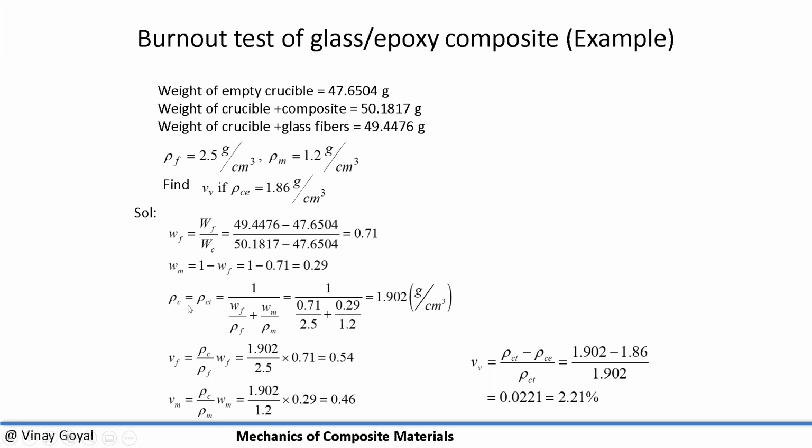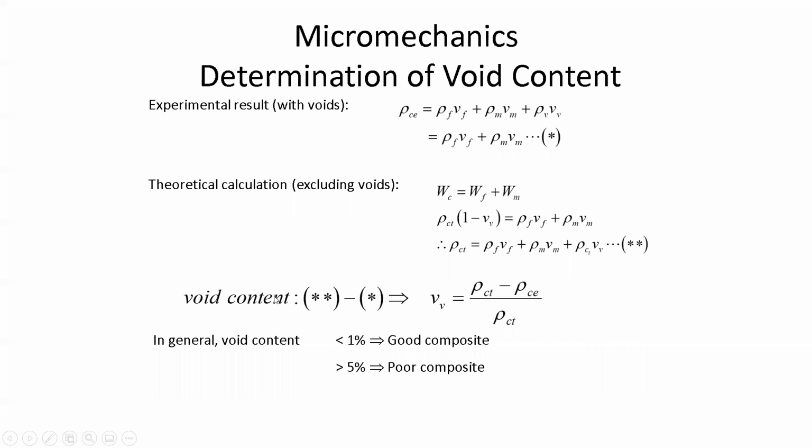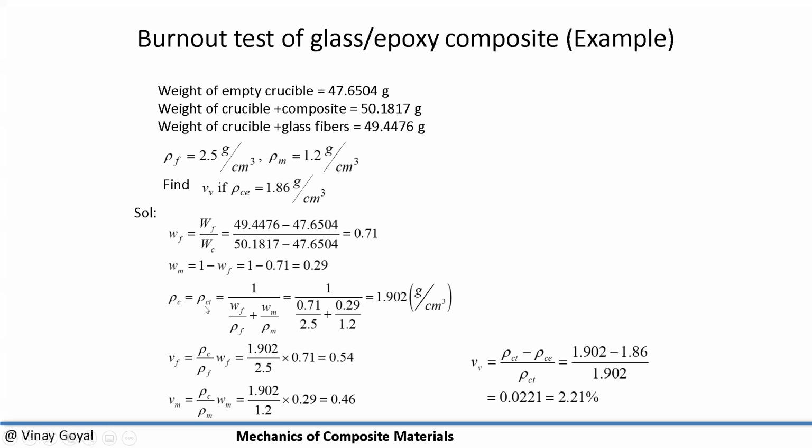Then I have the theoretical density. So what is that? I can use the formula here, plug everything in, and I get 1.902 grams per centimeter cubed. Then I can calculate the volume fraction.